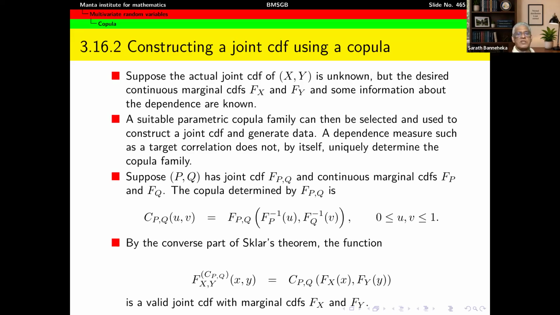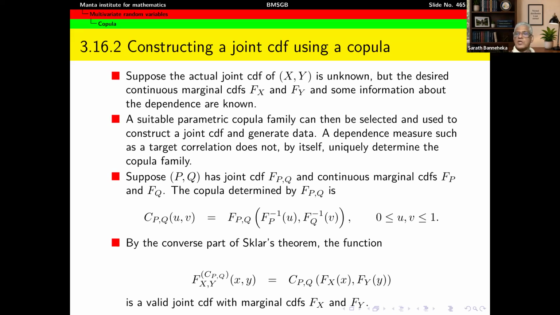A dependence measure such as the target correlation does not by itself uniquely determine the copula family. Sometimes some other parameters may also be required, depending on the family that you are using.